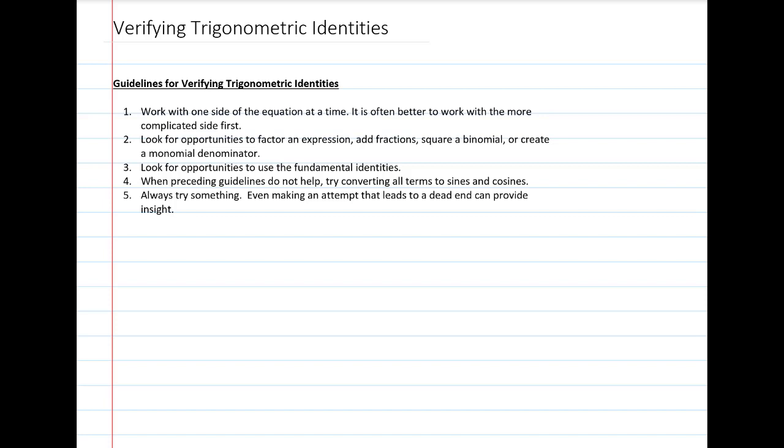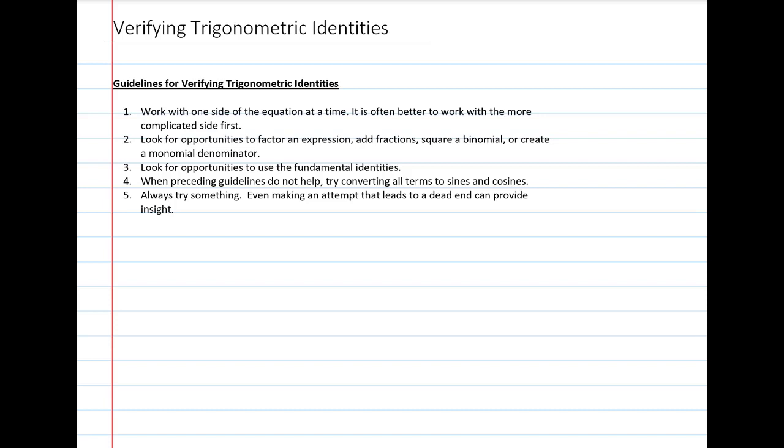Number two says to look for opportunities to factor an expression. And this includes also adding fractions, squaring a binomial, creating a monomial denominator, all those things that we went over and did a little bit of practice on in the previous section. You want to apply those here. Anything that is going to factor, anything that would simplify, we're going to use anything that will help our case.